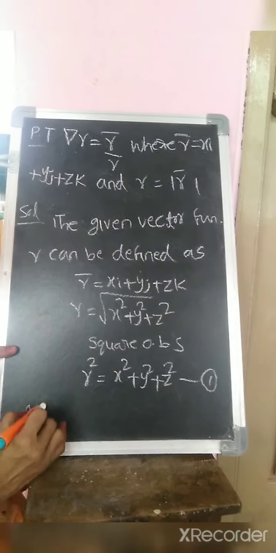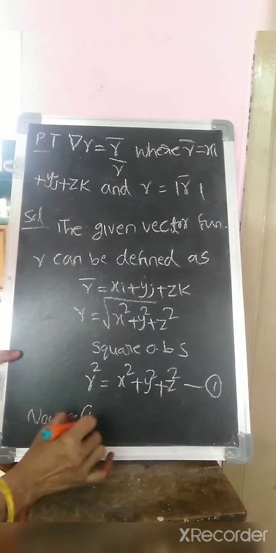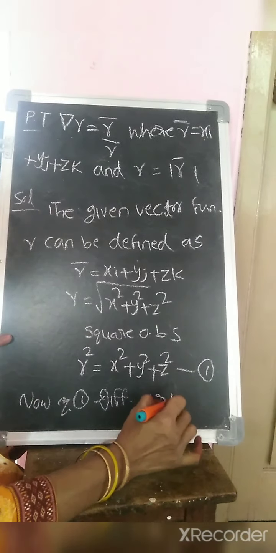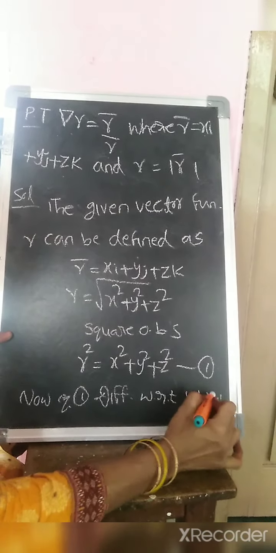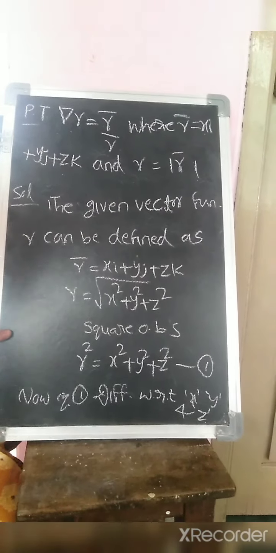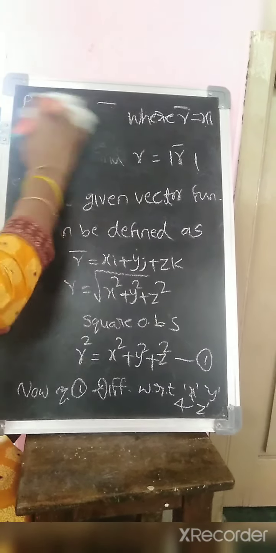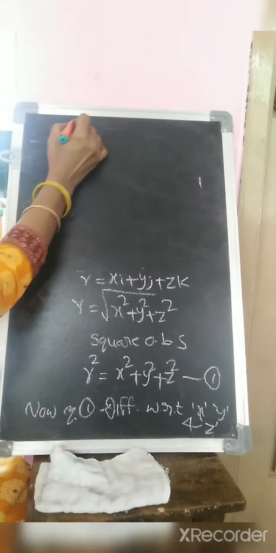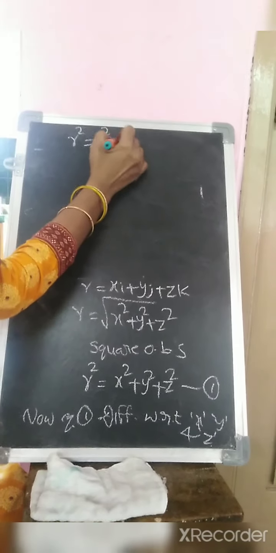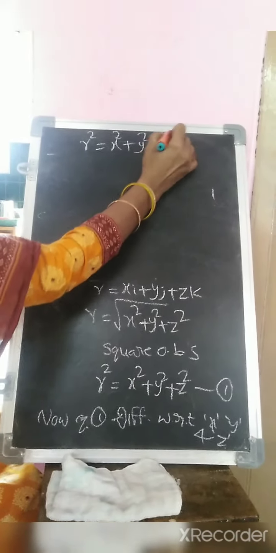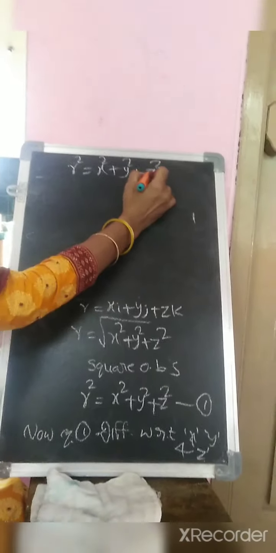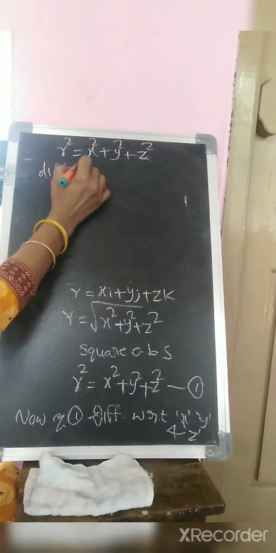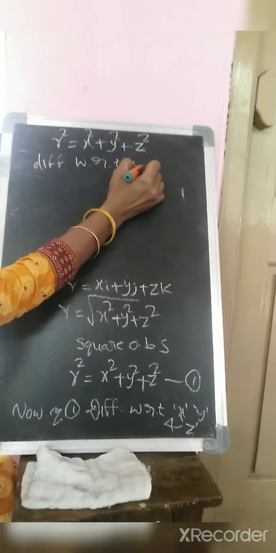Now equation 1, differentiating with respect to x, y and z. First, equation 1, r square is equal to x square plus y square plus z square, differentiate with respect to x.